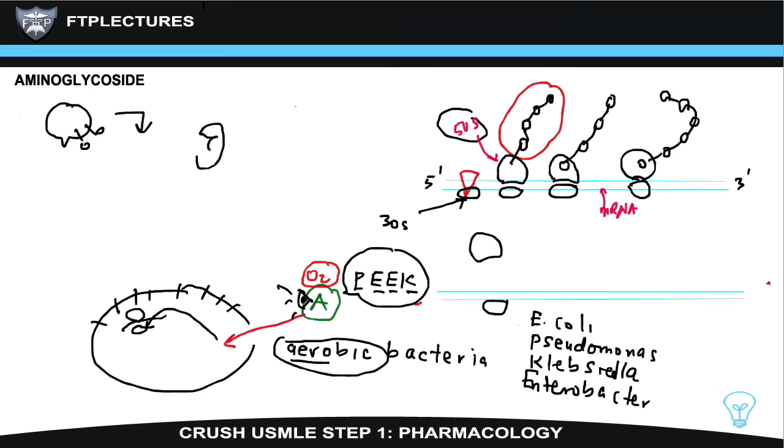The kidney has a cortex, and these drugs love to deposit in the cortex, which means they can damage the kidney. That's what we call nephrotoxicity, from nephrons.